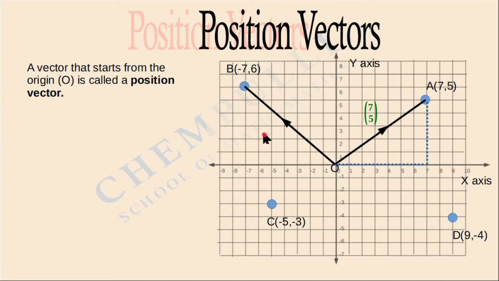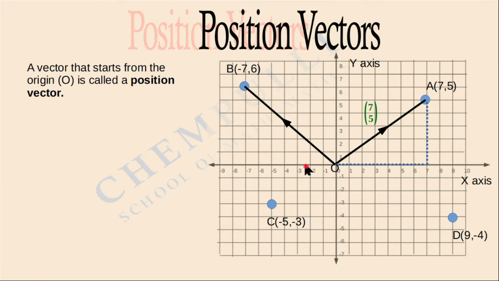Okay. Then this position vector OB, we can write as a column vector. Which direction do we take first? The horizontal direction, starting from the initial point. In the horizontal direction we are moving to the left-hand side, so you have to use a negative sign. Then upside, that is the vertical case, upward.